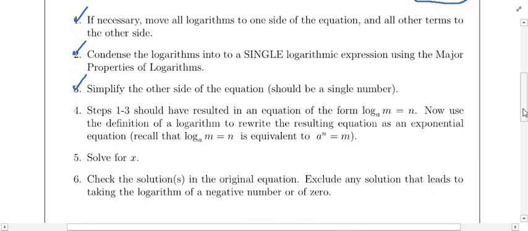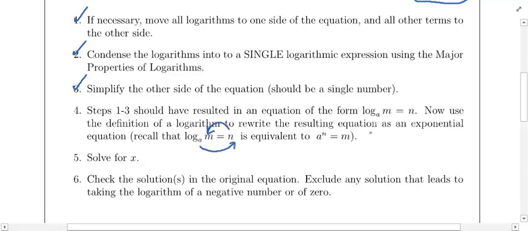Now we're going to use the definition of a logarithm to rewrite the resulting equation as an exponential equation. Recall that log base a of m is equal to n is equivalent to saying that a to the n power is equal to m.